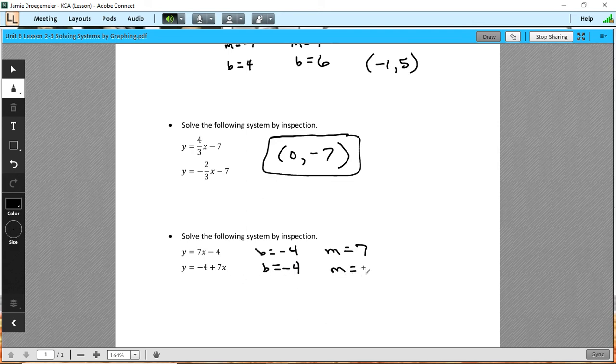Our slope is 7. These are the exact same line. And so we'll see when we look at some of these systems, but we would say there are infinitely many solutions to that system because any point on those lines is going to be a solution to that system.